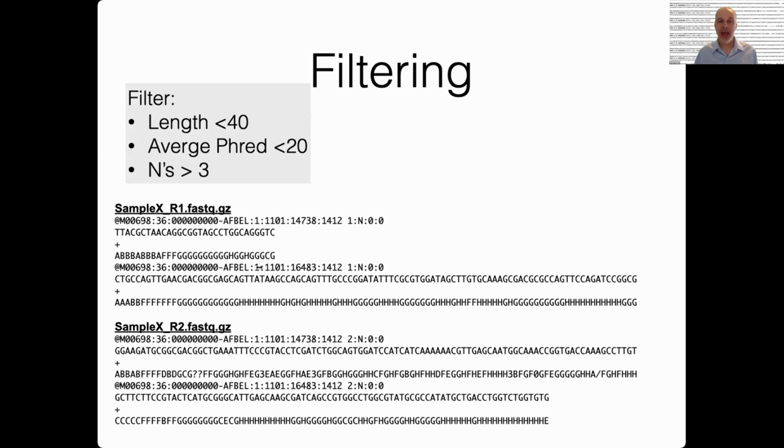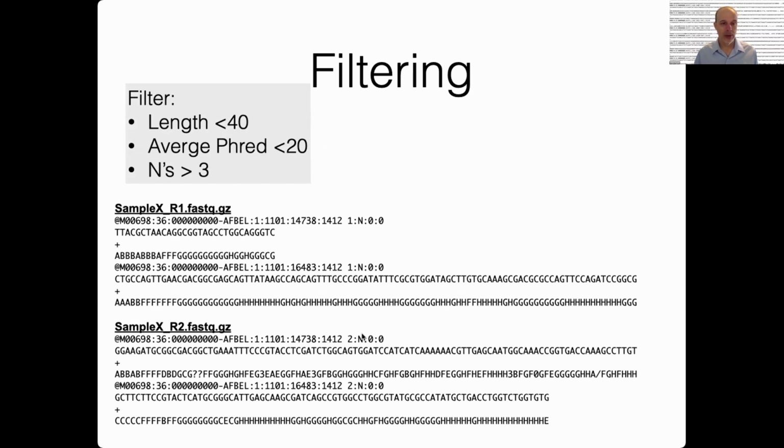We can also calculate the average Phred score, the average quality score across the whole read. If the average Phred score is low, then we might want to throw out the whole read instead of just trimming. And if we have a whole bunch of N's, that could suggest there was really a problem with that read, that spot on the flow cell. And so I'm going to throw those out.